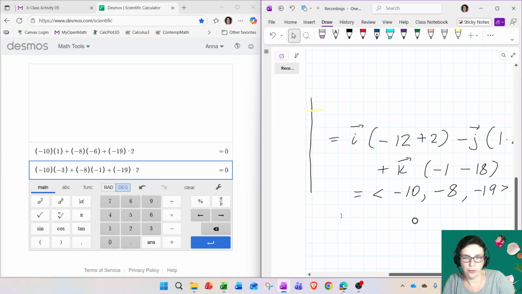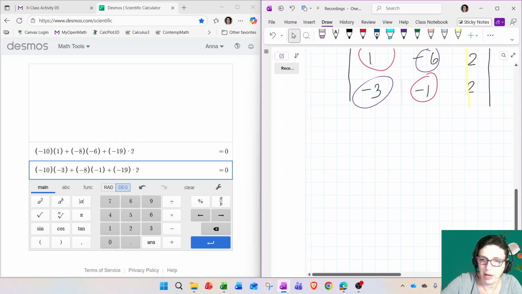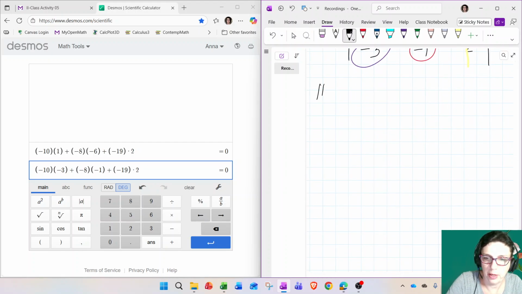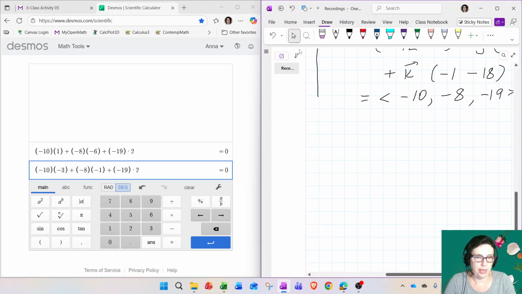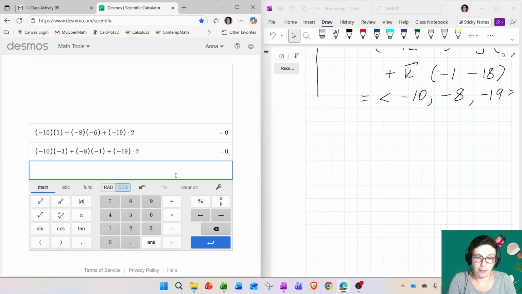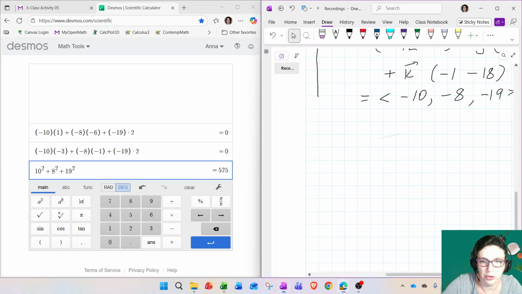And now we just have to find the magnitude. The magnitude of PM crossed with V. Remember, to find the magnitude, we just square each component, add them up, and then take the square root. Minuses, by the way, you do not ever need to carry, because once they're squared, they go away. Okay, so I've got 525.